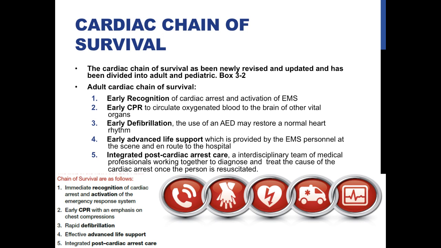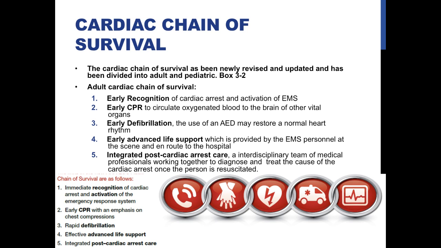I will reinforce that this is really important information for you to know. So step 1, and it does go in order, and it needs to be in order, is early recognition of cardiac arrest. You identify that the person is suffering from cardiac arrest and you activate EMS, whether that's calling 911 or calling the designated emergency number.